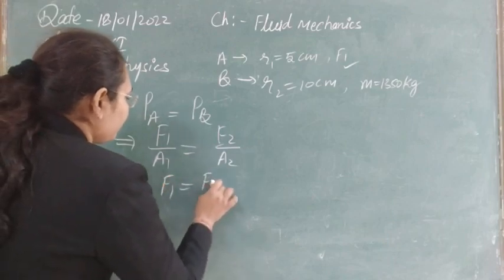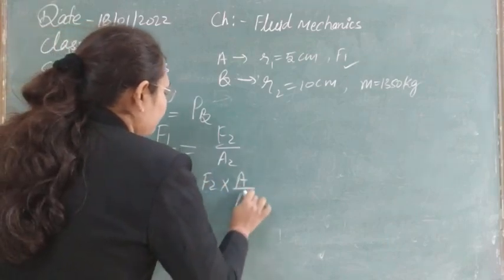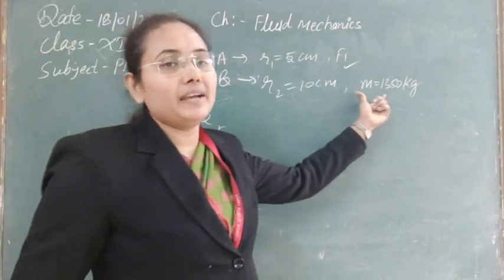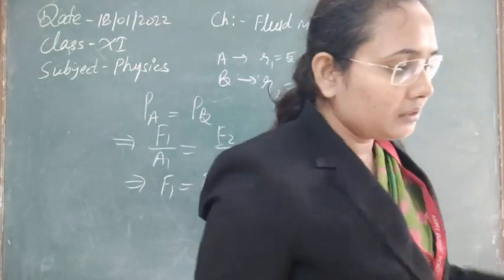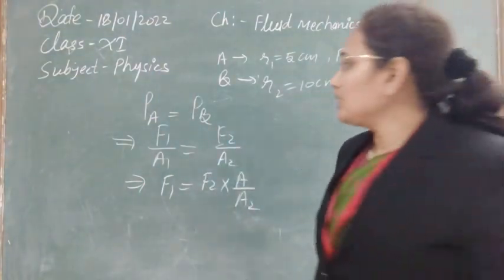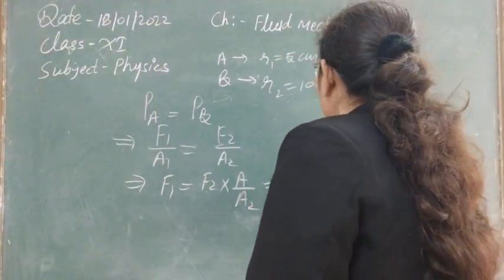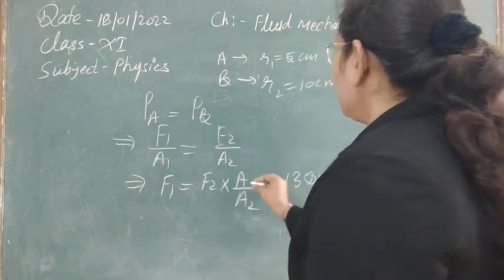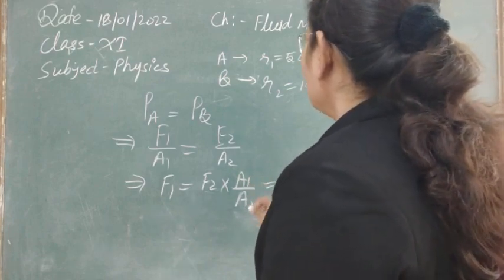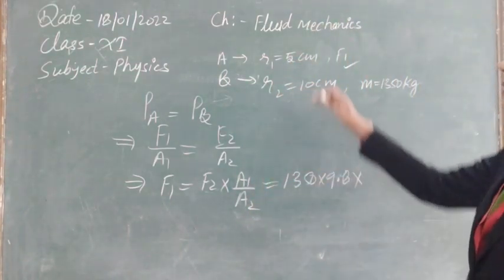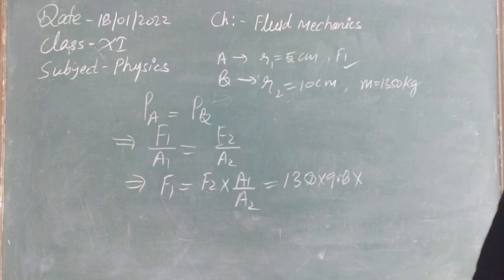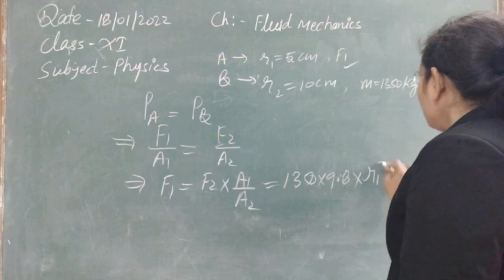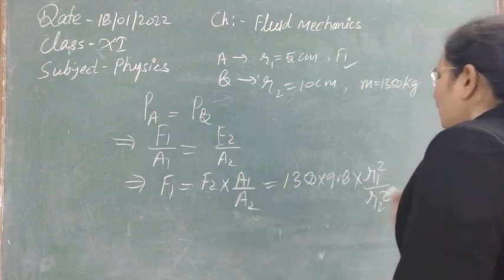So this will be F1 equals F2 into A1 upon A2. Now F2 is what? F2 is the weight of the car that is to be lifted here. So the weight of the car can be calculated as mass into gravity, 9.8. Now A1 can be calculated by the radius, that is pi r square, and pi will be cancelled out for both. So we can write r1 square upon r2 square.